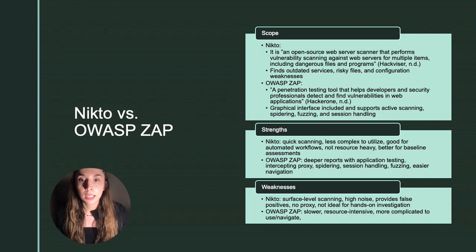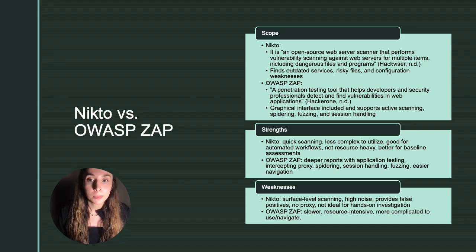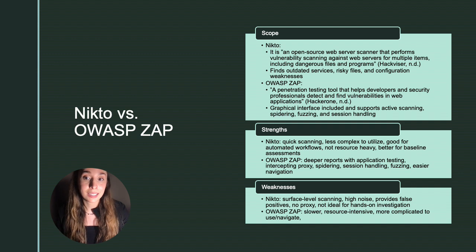Another thing here is the weaknesses aspect. Nikto is more surface level scanning, high noise, provides false positives, has no proxy, and is not ideal for hands-on investigation. OWASP ZAP is slower because it is so resource intensive, and it's more complicated to use or navigate.